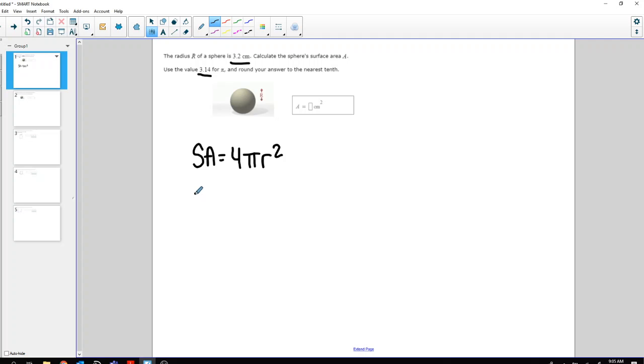So when I plug all these things into my surface area formula, I have 4 times 3.14 times my radius, 3.2, and then I have to square it. That gives me 128.6144.